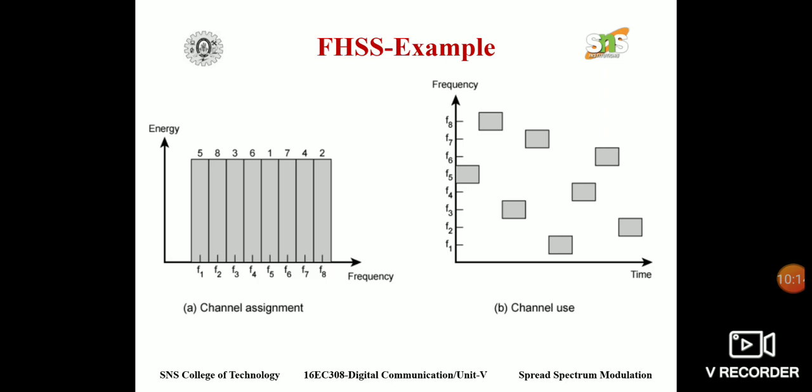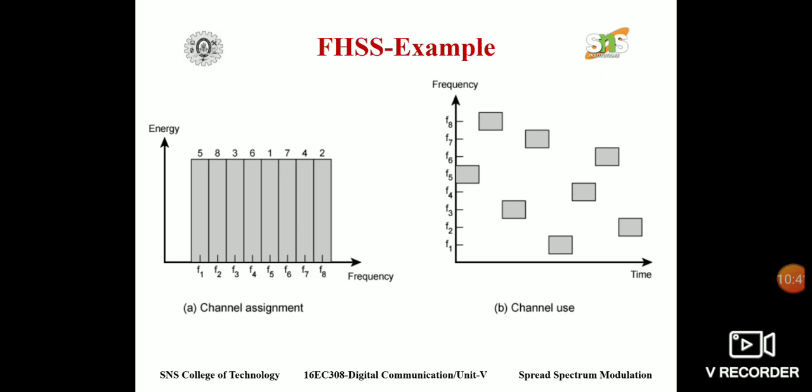So this is an example of FHSS. In the first channel assignment diagram, the x-axis is frequency and the y-axis is energy. F1, F2, F3 up to F8 are the slots to which channels are assigned. In the second diagram, B, the x-axis is time and the y-axis is frequency.